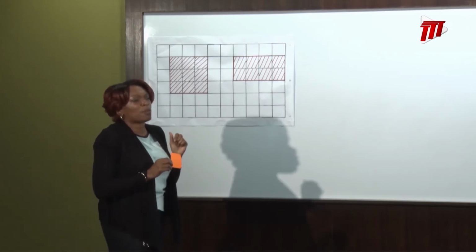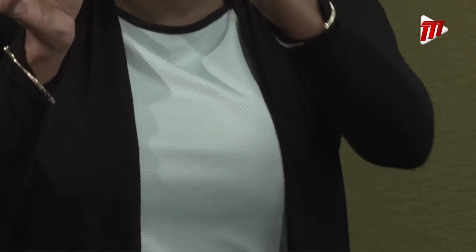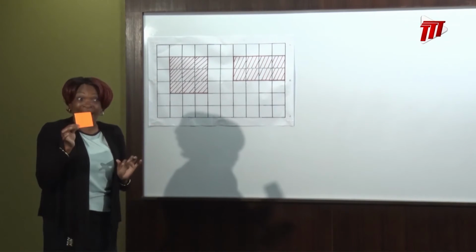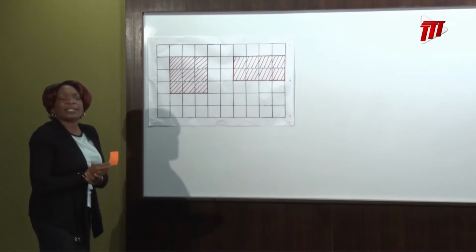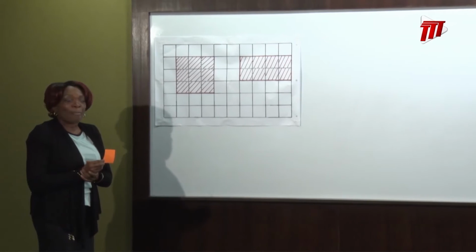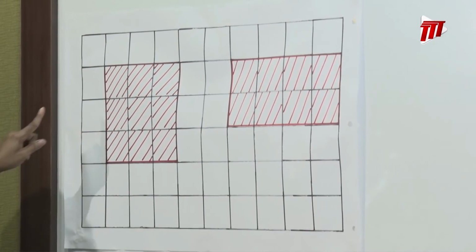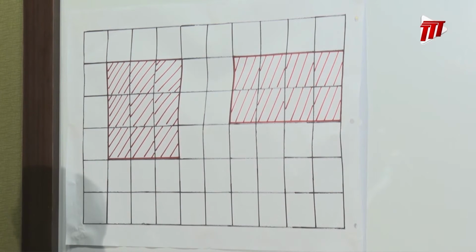In other words, each one of these represents 1 centimeter squared. Do you understand that? What did I say area is? Surface covered.